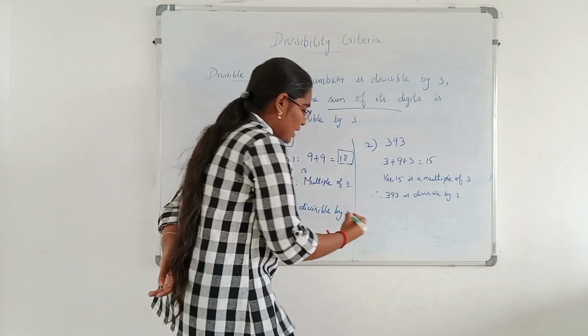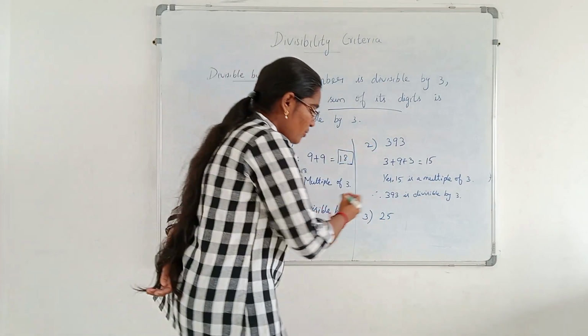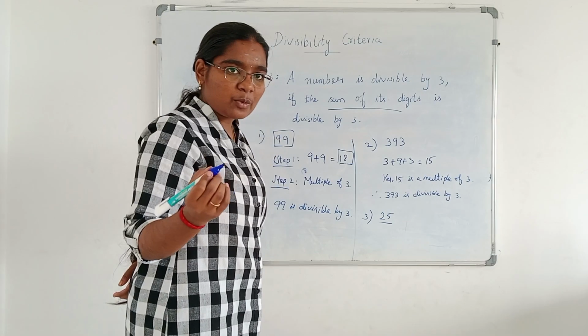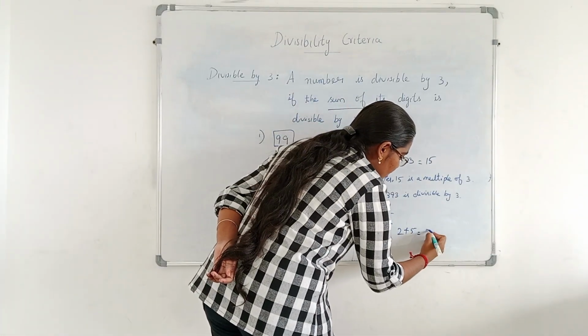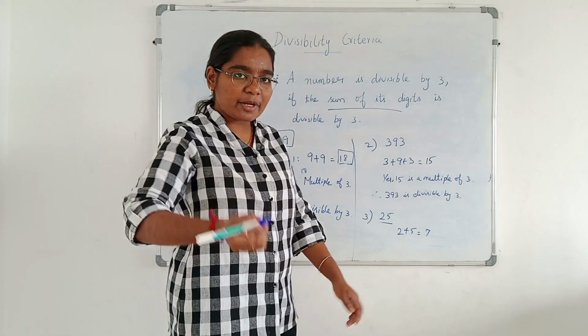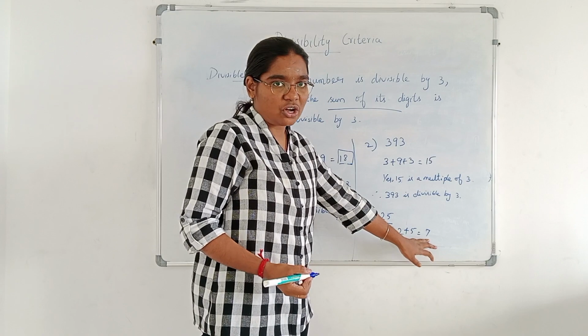Now we can consider another example, 25. What do you have to do? Step 1: add all the digits. 2 plus 5, 7. Step 2: check whether this 7 is a multiple of 3 or not.